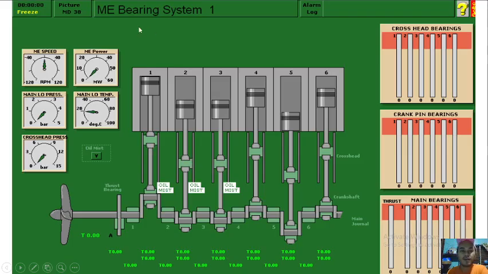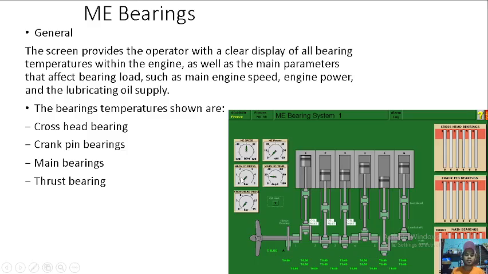Okay, so we have the main engine bearing system. We have here 1, 2, 3, 4, 5. Since this is a 12-cylinder engine, we usually have 13 main bearings. We have here the oil mist. The bearing temperatures shown are the crosshead bearings.